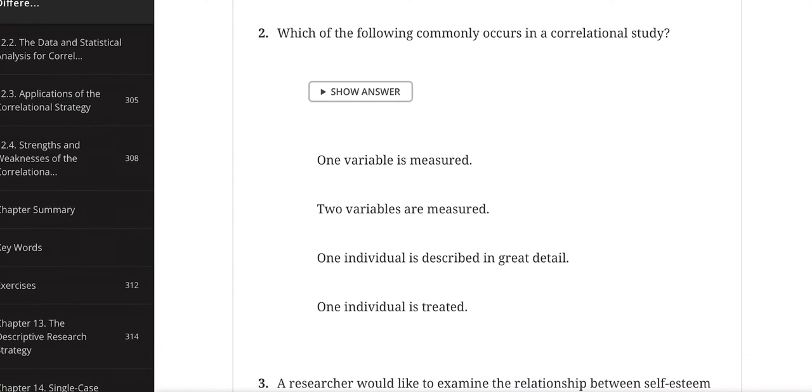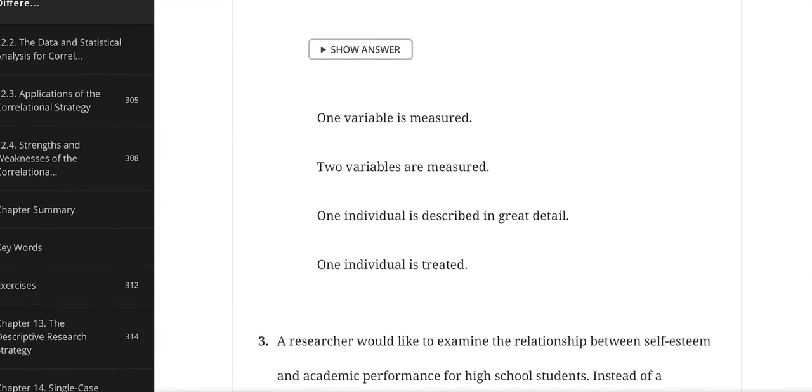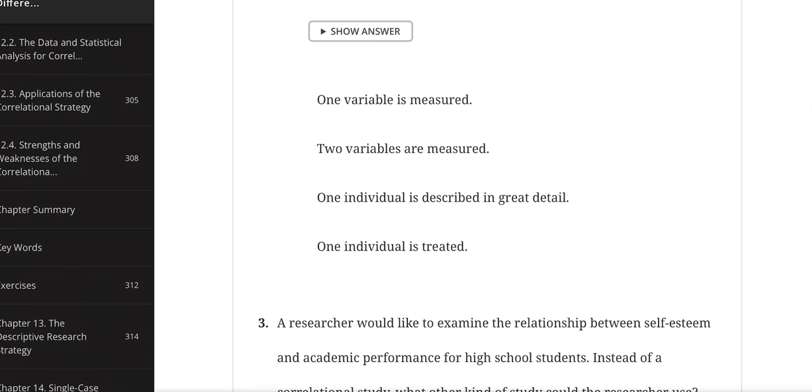Which of the following commonly occurs in a correlational study? One variable is measured. Well, one variable is measured, but so is the other. Two variables are measured. Yes, two variables are definitely measured in a correlational study. One individual is described in great detail. No, that sounds more like a case study. One individual is treated.